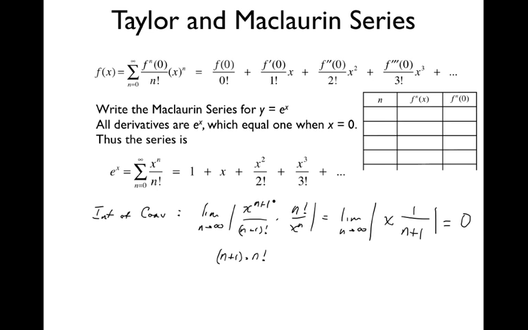Doesn't matter what x is. You always get a limit of 0, less than 1. So what does that tell us about this power series for e to the x? Yeah, so for all values of x, this power series will converge to e to the x.